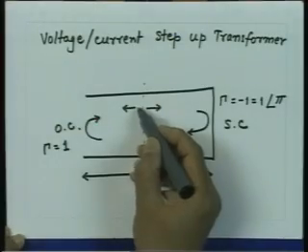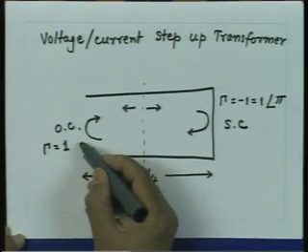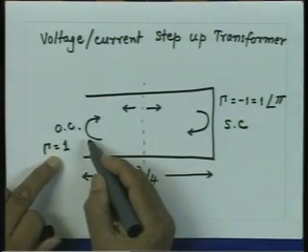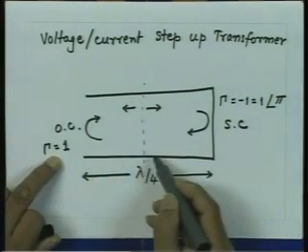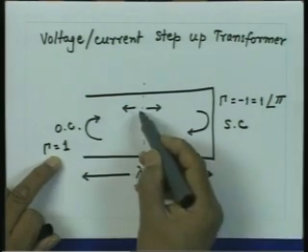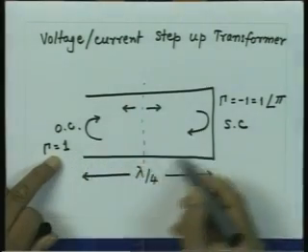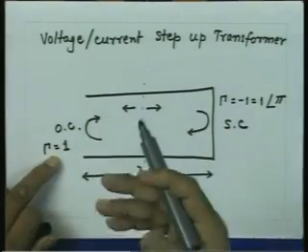Exactly the same thing happens to this wave also. After reflection from here, it will not undergo any phase change, but the entire power will be reflected. It will travel a distance of lambda by 2, and again see a reflection coefficient of -1 here. So, this wave also will have a regenerative process.